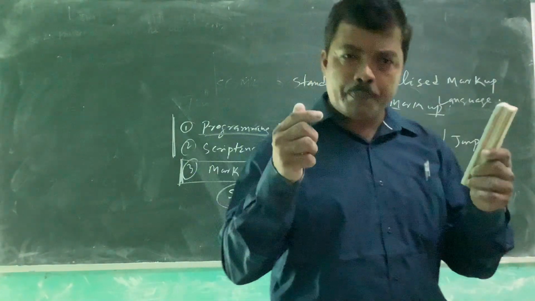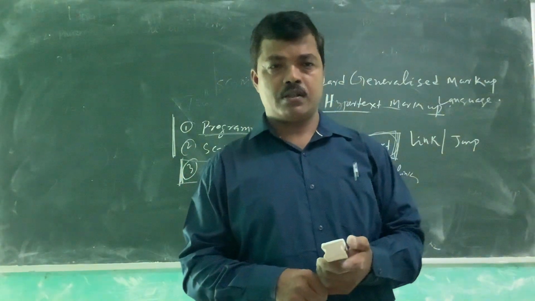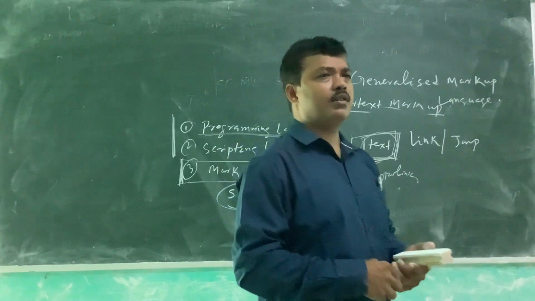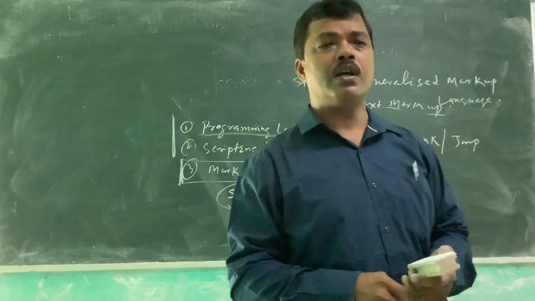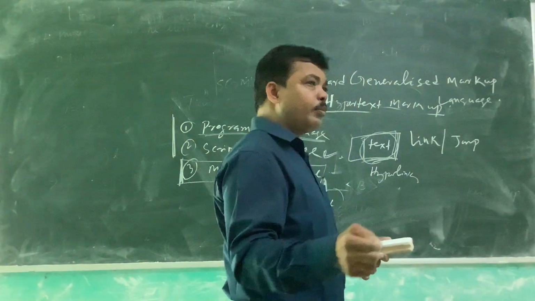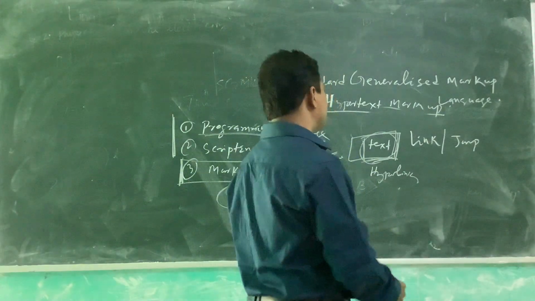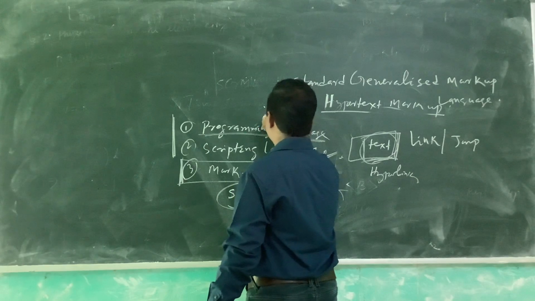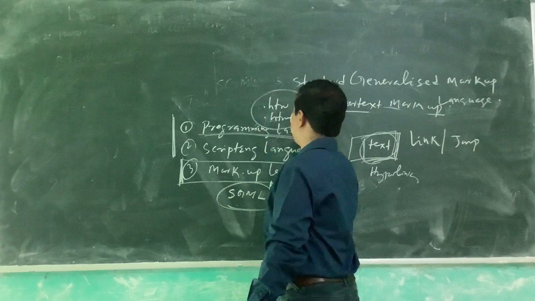So a web page is nothing but an HTML document. We know a website consists of a number of web pages, and each web page is nothing but an HTML document. And an HTML document has the extension either .htm or .html.